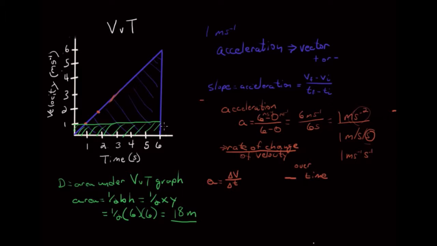And in this case, we have the area is the base times the height, so it's 1 times 6. So 1 times 6 equals 6 meters. So that gives us the distance that we traveled. So with the velocity versus time graph, we can know the velocity. We can derive that. We can derive the distance.